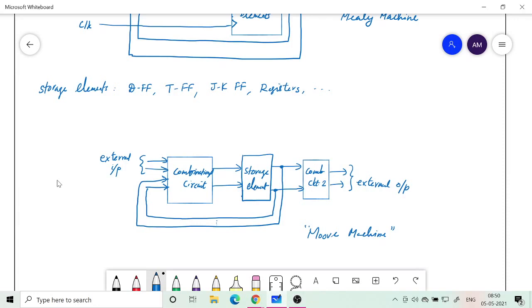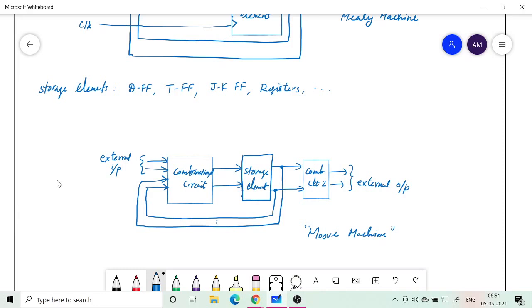The stored data always depends upon the previous inputs. So if the external output depends only on the previous input and not on the current input, then we call such a sequential circuit a Moore machine. Okay, I hope the difference is clear.